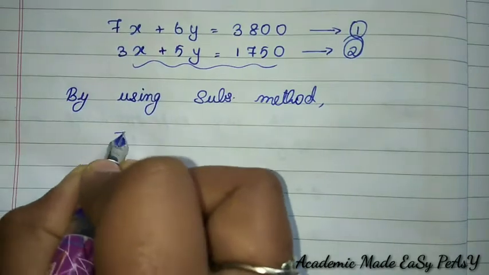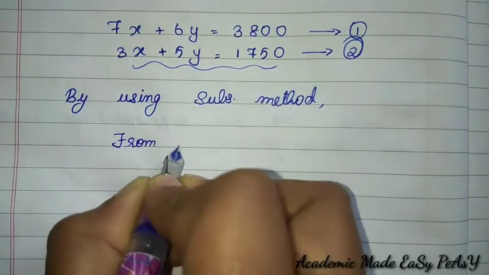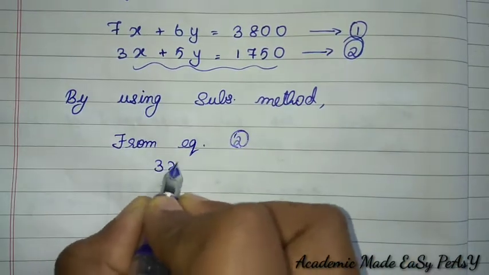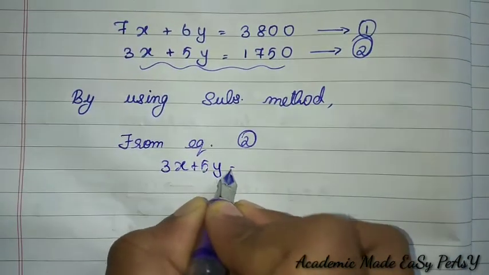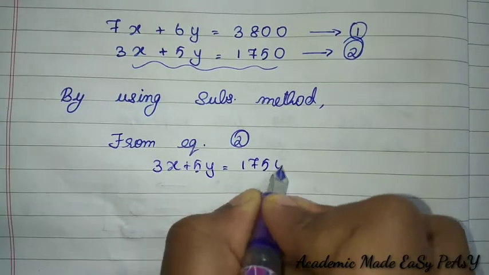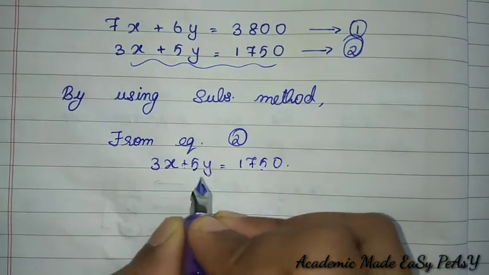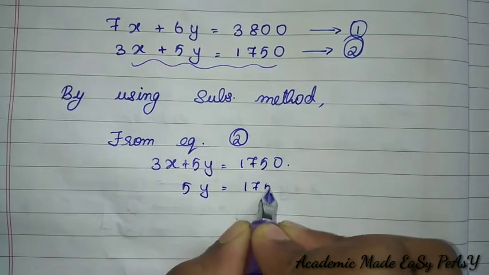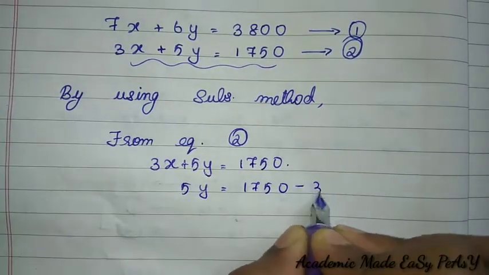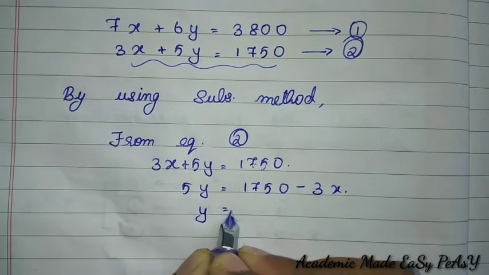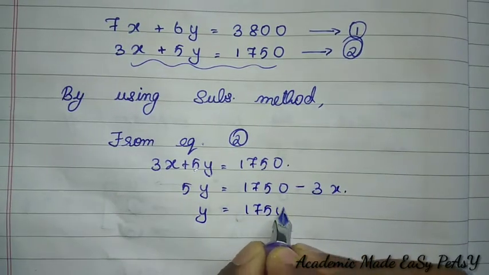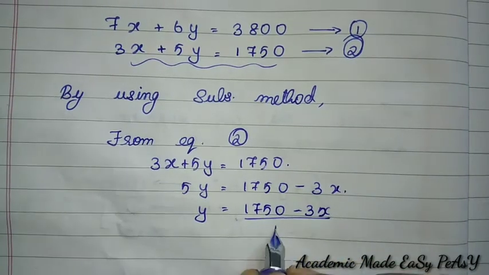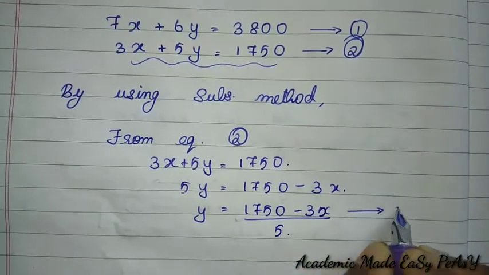So from equation 2, we get 3x plus 5y is equal to 1750. So let me take y in terms of x. So 5y is equal to 1750 minus 3x. So y is equal to (1750 minus 3x) divided by 5. Let this be equation 3.